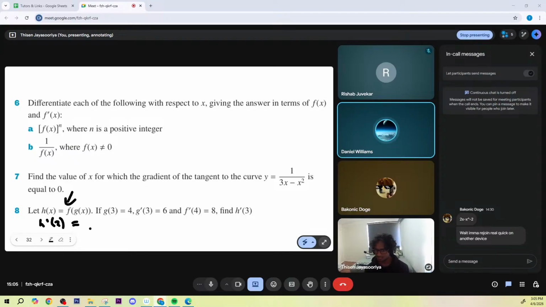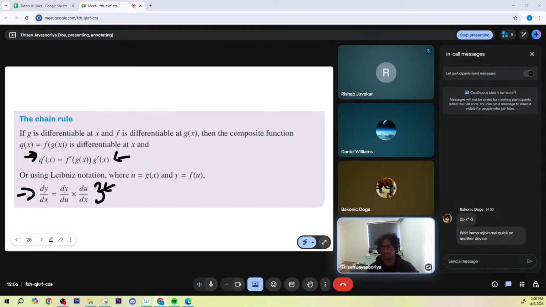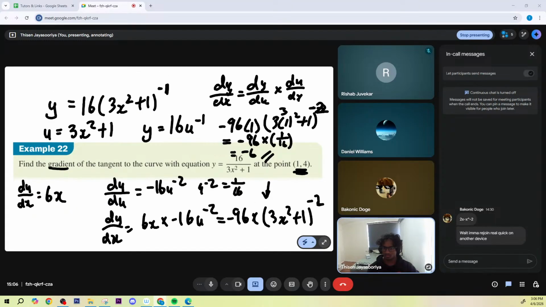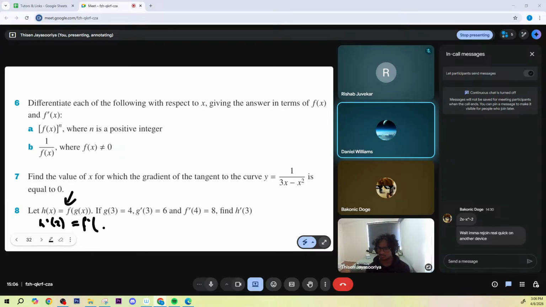So if f prime of 4 gives us 8, then here you use that formula that we have. What does h dash of x equal? Is it the dy/du one? The first one.